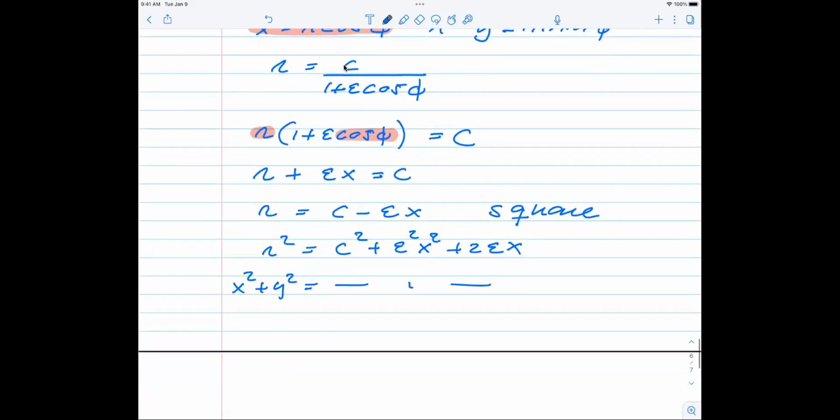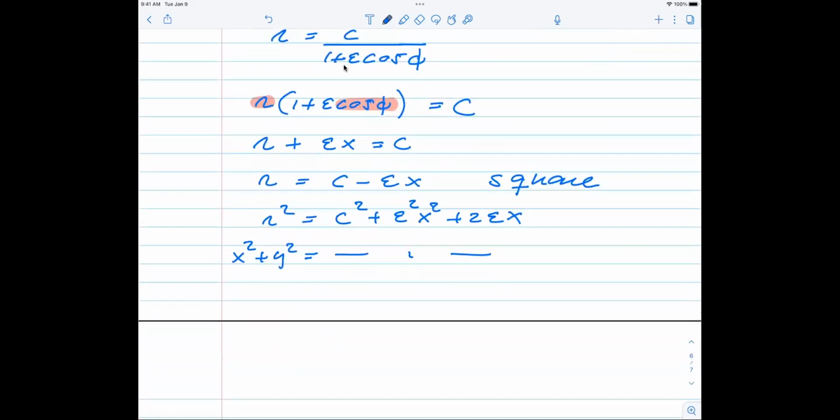And then I can rearrange the equation a little bit, and I can isolate this term C squared. So when I isolate C squared on the other side, I get 1 minus epsilon squared times x squared plus 2 times C times epsilon x plus y squared, and this is equal to C squared.